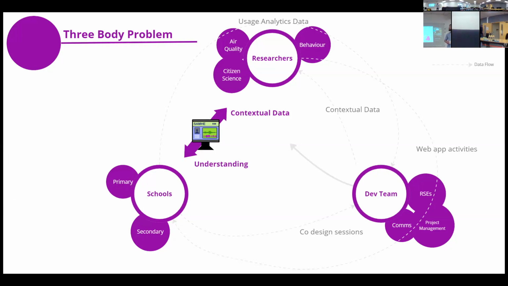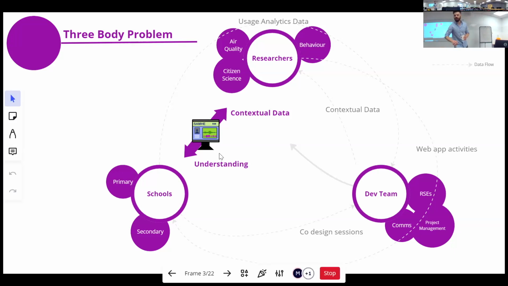The solution for us, when I first came into the project, was to have a web application. That application became a communication device between the schools and the researchers. What was quite important about the project is that it was equally important that information was going from the schools to the researchers, like a classic citizen science project, but also that information was going from the researchers to the schools, teaching them about air quality and empowering them to change it.